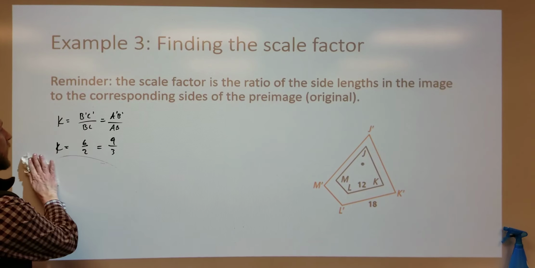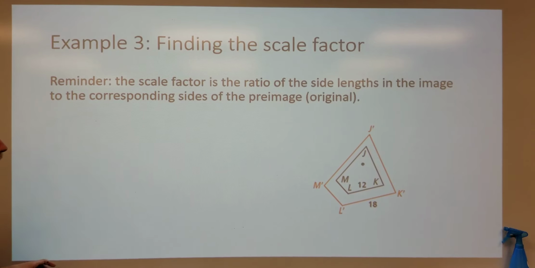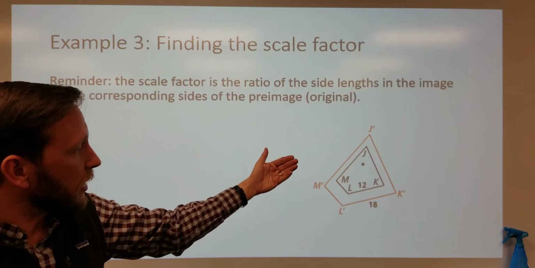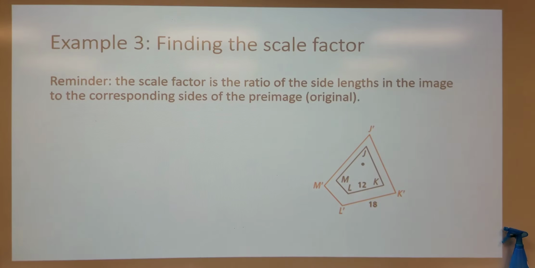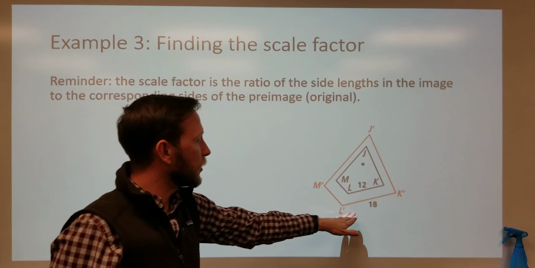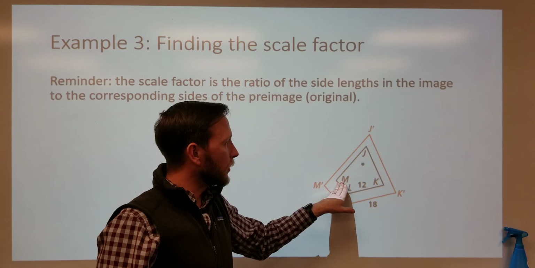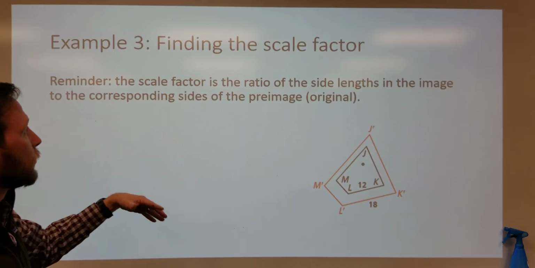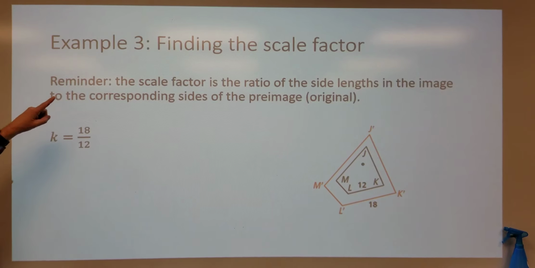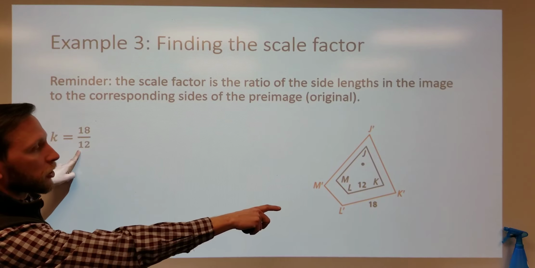All right, example 3. I just modeled how to find the scale factor. Given the image and the pre-image, we are going to calculate that value. Here we have the pre-image, J, K, L, M, and then we have the image, J prime, K prime, L prime, M prime. We are going to compare our new length for side LK to our original length for side LK.